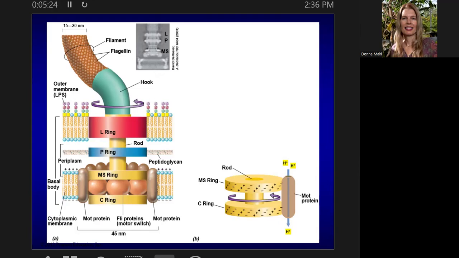And then that filament will end up having a spiral or corkscrew look to it. You know, it'll be rigid. And then what they're trying to show over here is the Mot protein or motor protein. They're trying to show this plus-minus idea here along the rings and the rods.